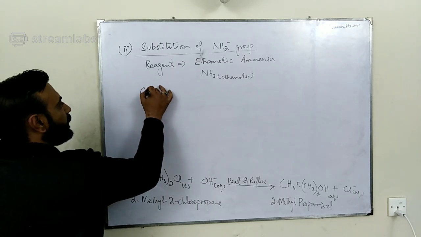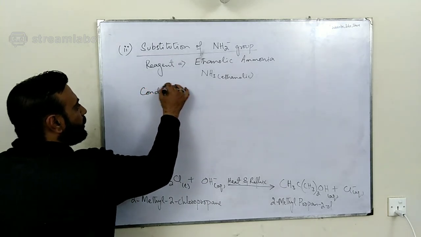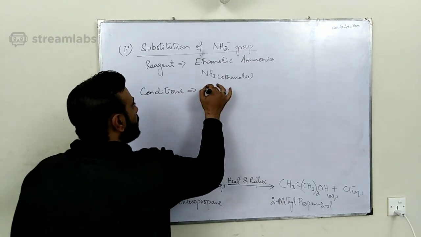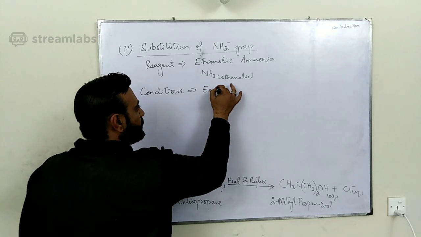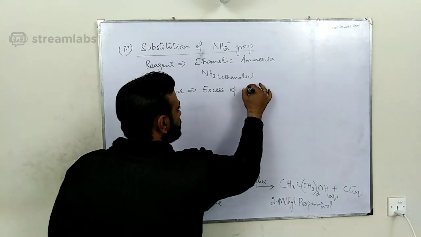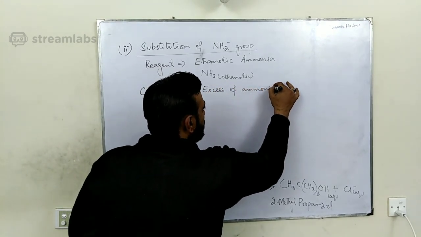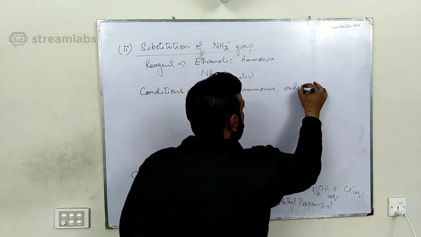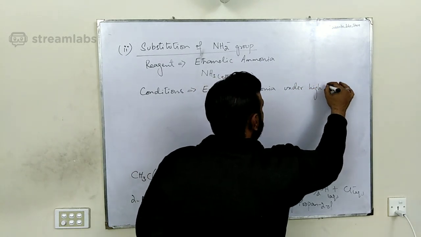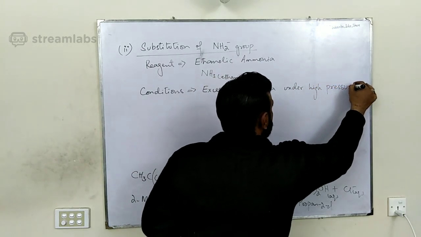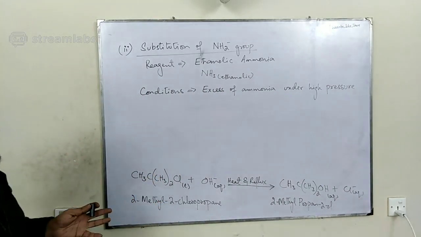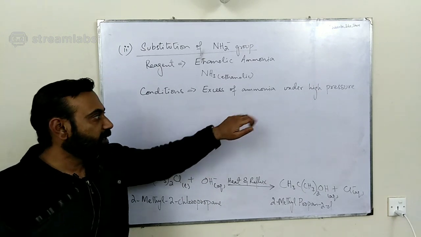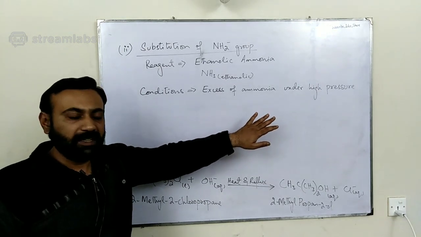The conditions required for this reaction are excess of ammonia and a high pressure. You do not need to know the exact pressure being used, you just need to remember that this reaction takes place under high pressure and excess of ammonia has to be there.